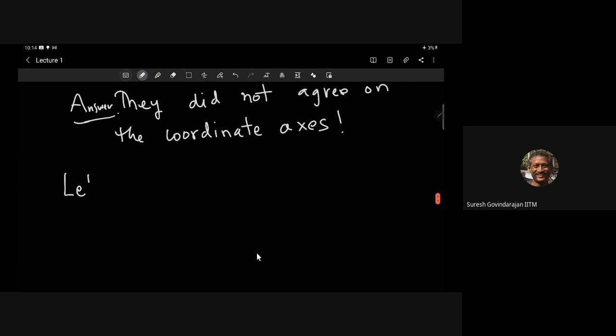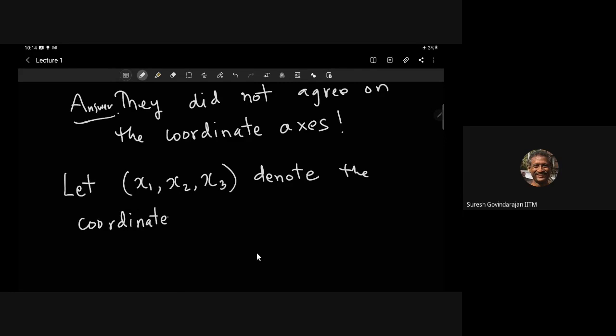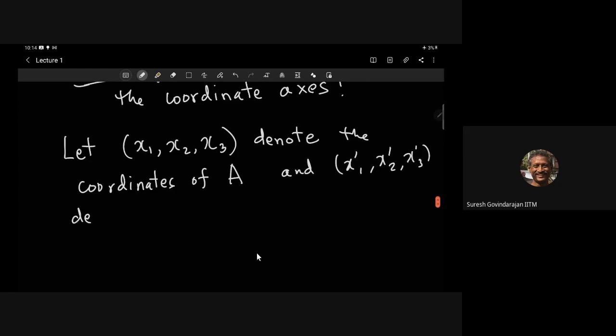Let x1, x2, x3 denote the coordinate system A and B, okay, so we'll do that.